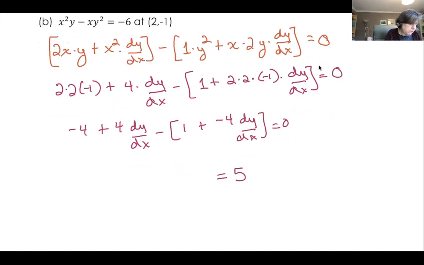And here I've got minus a negative, so that's a positive 4 dy/dx plus this 4 dy/dx makes 8 dy/dx. And so dy/dx is dividing by 8, 5/8. All right. Hopefully I didn't make a mistake.